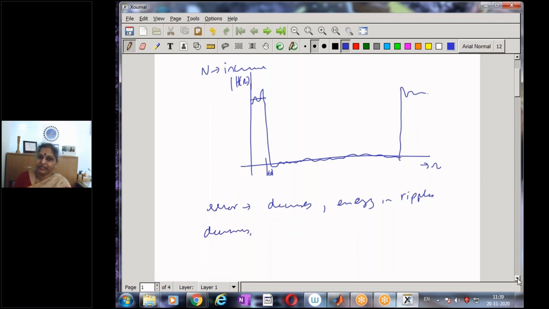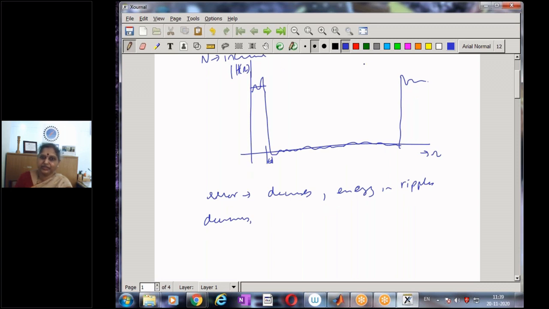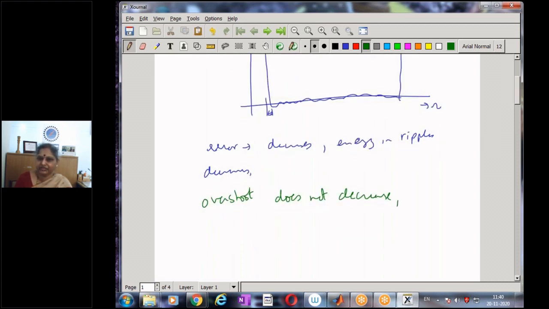But one component that does not decrease is the overshoot. This value continues to remain at 0.09%. The overshoot does not decrease even with increasing n.